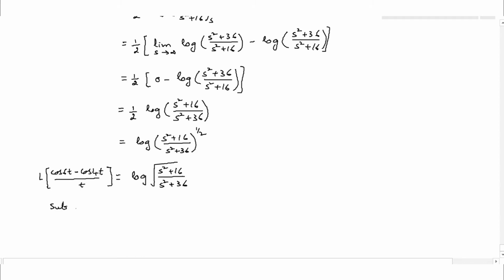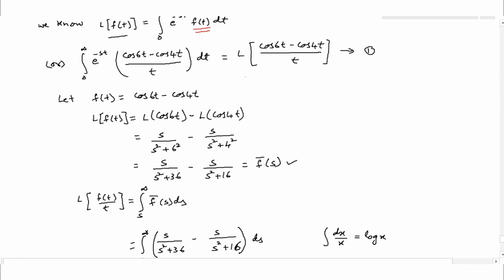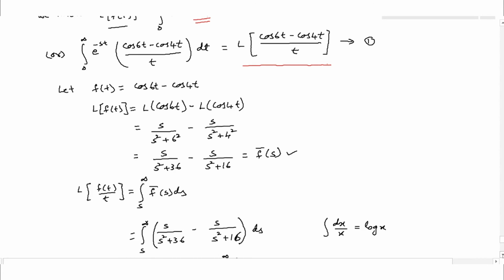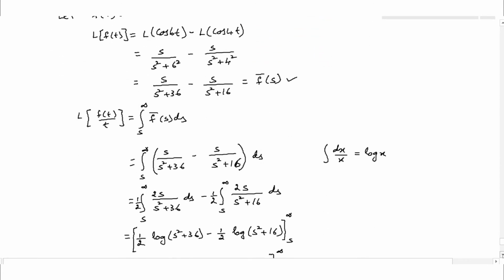We'll try to substitute this expression back in equation number 1. So equation 1 is your Laplace transform of cos 60 minus cos 40 divided by t. That's the value we have got. Right hand side, left hand side has to be evaluated.